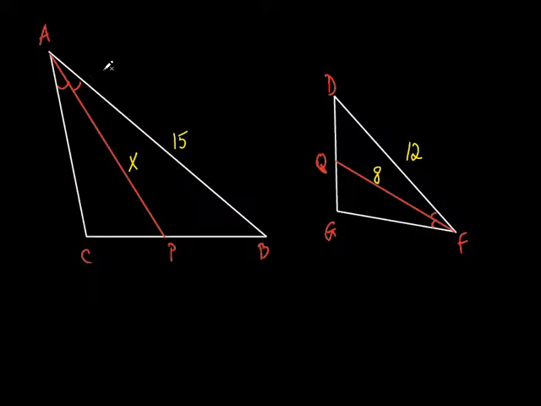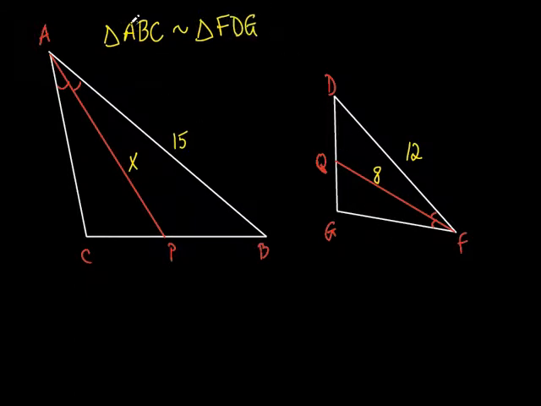So let's do this. First of all, they tell us that these triangles are similar. It's right in the instructions. It says this triangle is similar to this triangle right here. So let's write out what triangles are similar, just so I can show you something. ABC is similar to FDG, right?